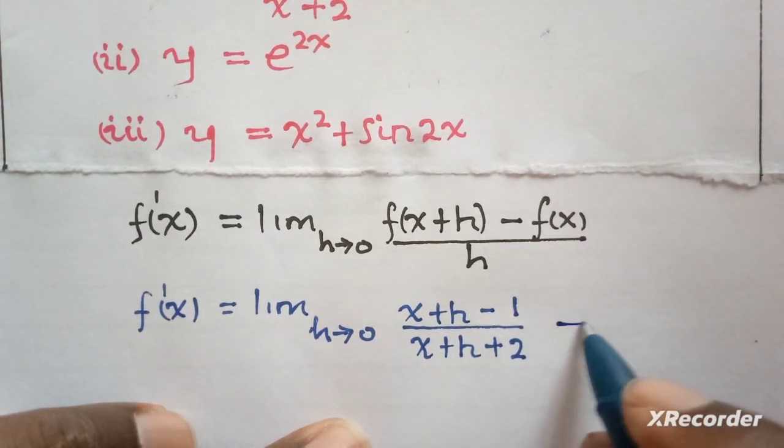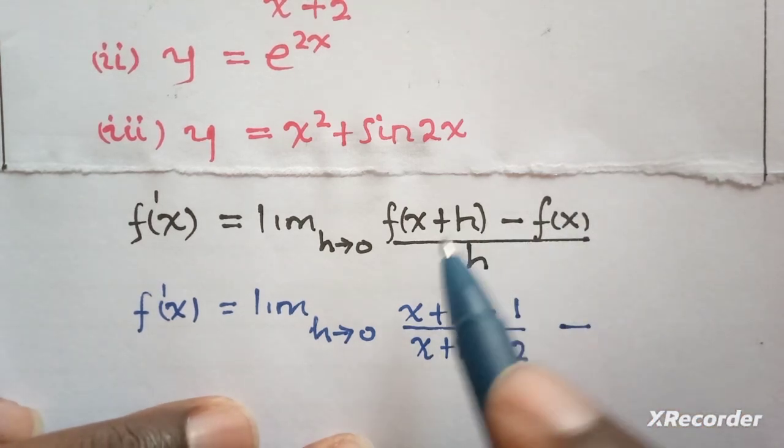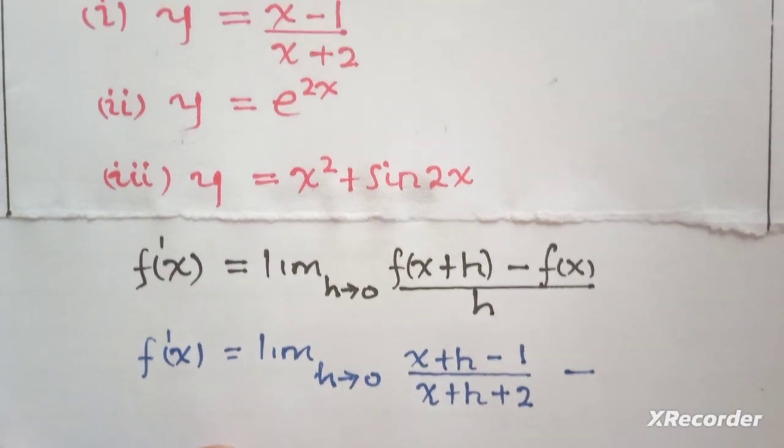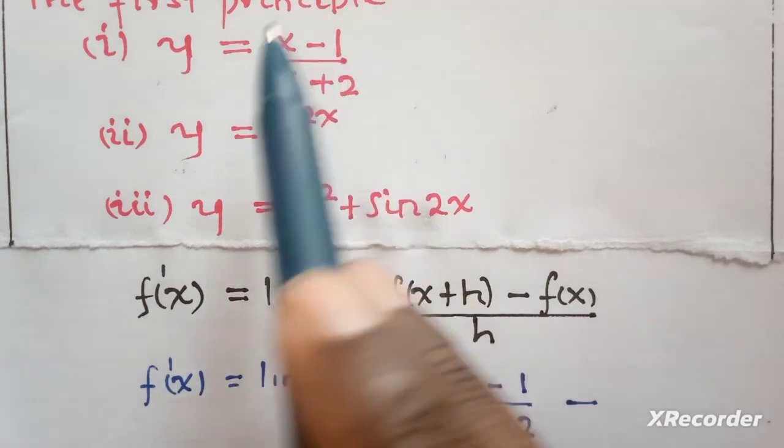I put minus sign, I write f of x, meaning that I'll just write it the way it was formerly, without addition of h, meaning that I'll just write it the way it is here.